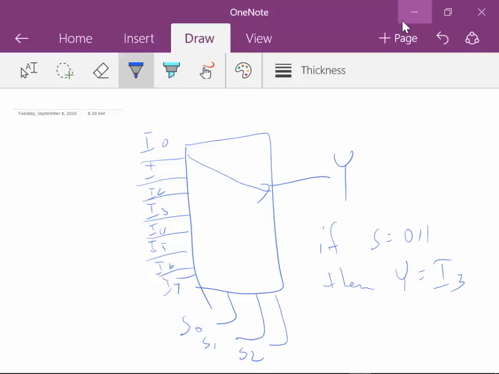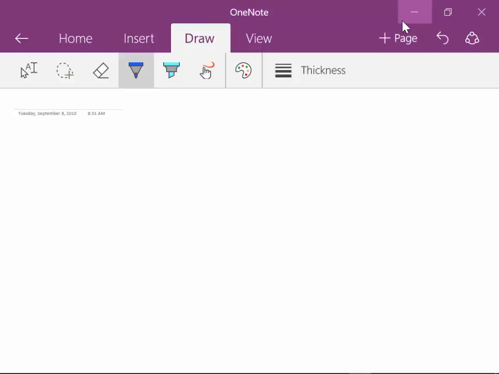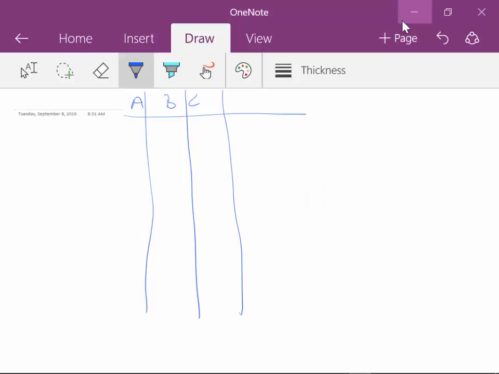The simplest way is fairly obvious: we take our truth table, A, B, C, and here's my output X: 000, 001, 010, 011, 100, 101, 110, 111. And like I've been doing all along, I just randomly put 0s and 1s on the output. It doesn't matter what our function is.